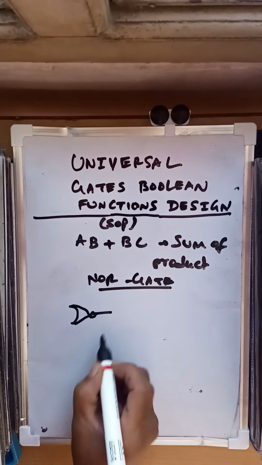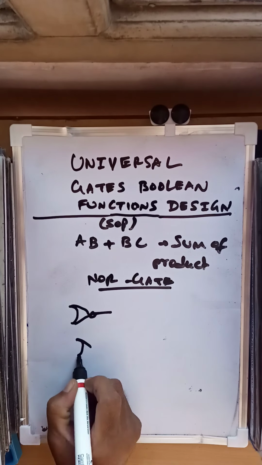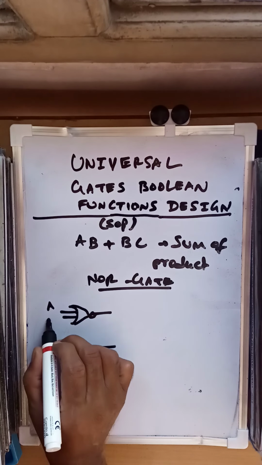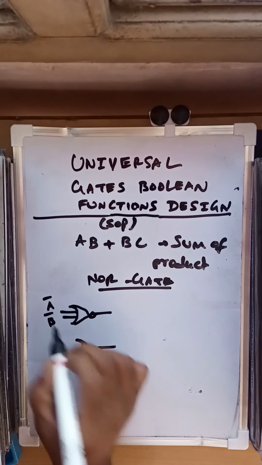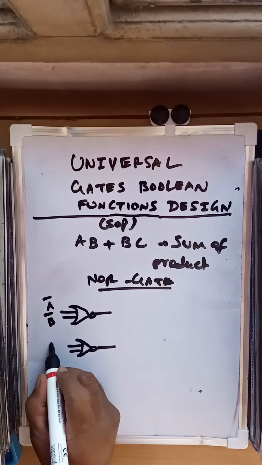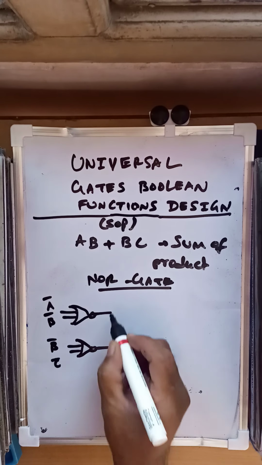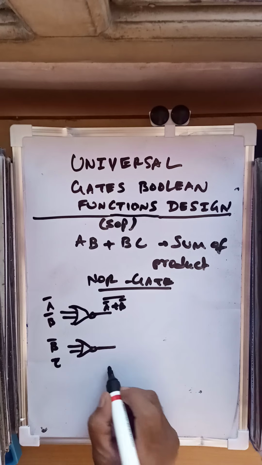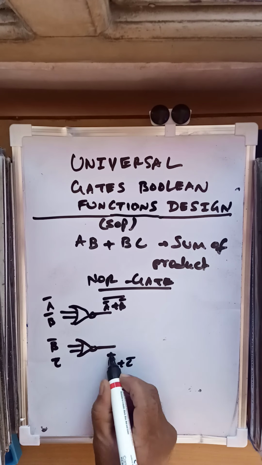These two are NOR gates, A, B, but we are giving reverse inputs because it is the opposite function, duality. That's why we are giving them. So this becomes A bar plus B bar whole bar, and this is B bar plus C bar whole bar.